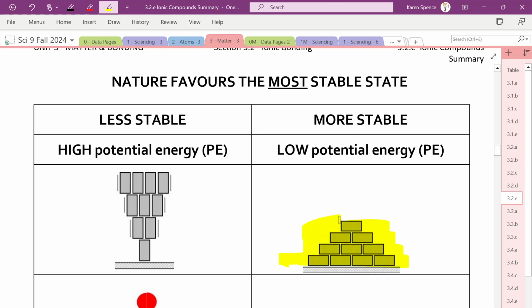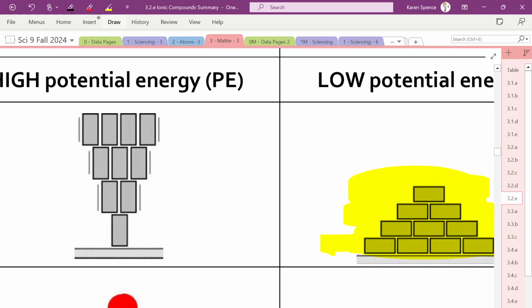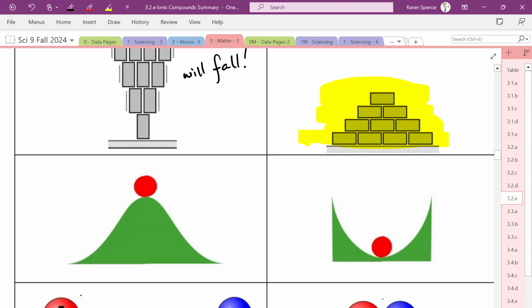If you arrange a bunch of bricks like this one, they will fall. If you put the ball at the top of the hill, what will it likely do? It's going to roll down until it becomes stable.